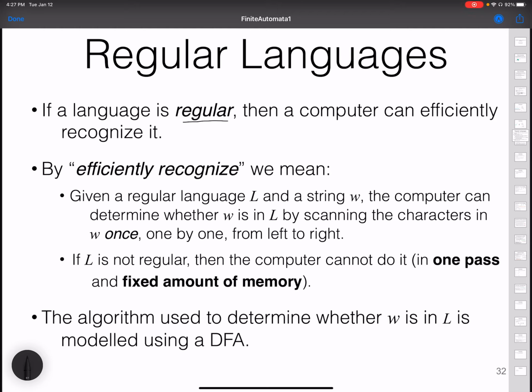Later on, we will see that there are some problems that you cannot solve using this amount of power. You need either access to some memory, an infinite amount of memory, or in some cases you would also need to read the input string more than once.